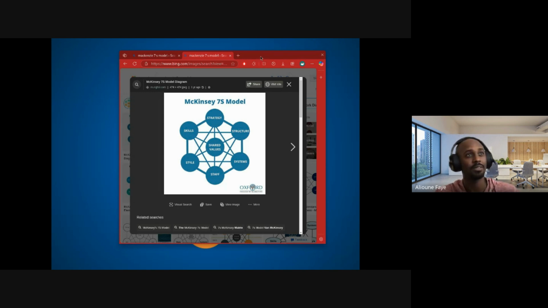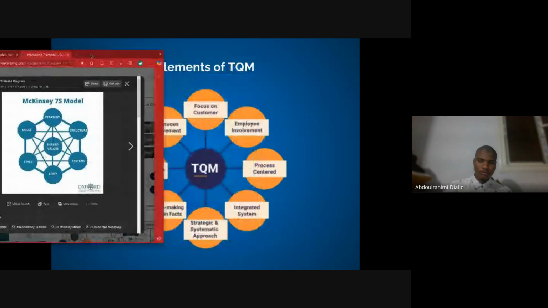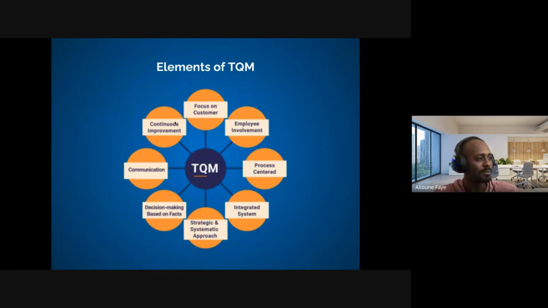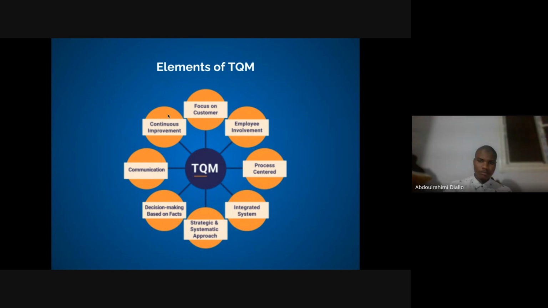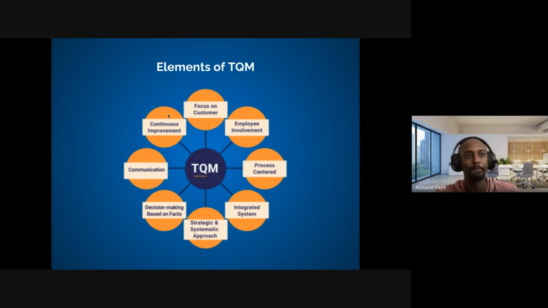I'm not super in depth with this, but all this to say, there's going to be a lot of frameworks and lots of tools that we're going to be learning, especially even after this class. We need to start applying these frameworks.